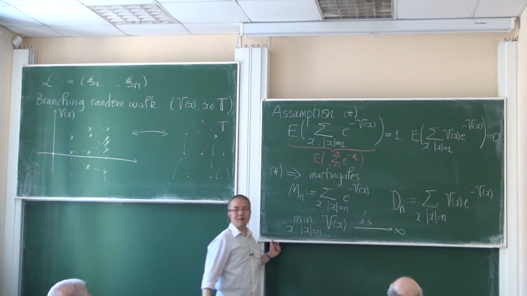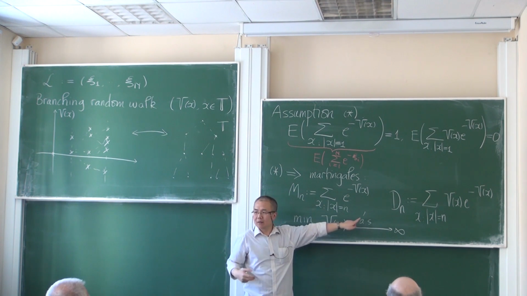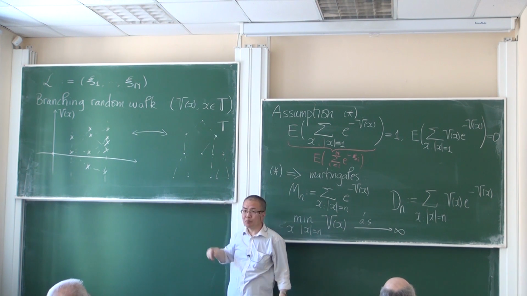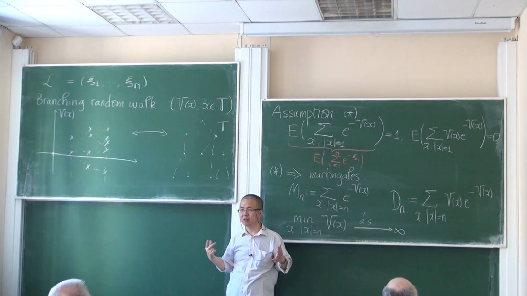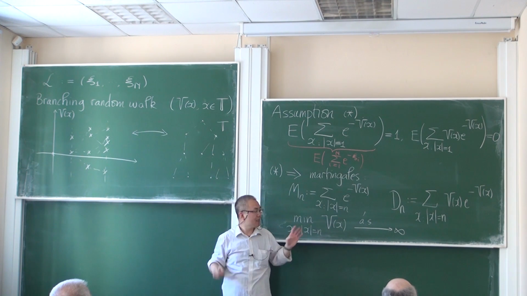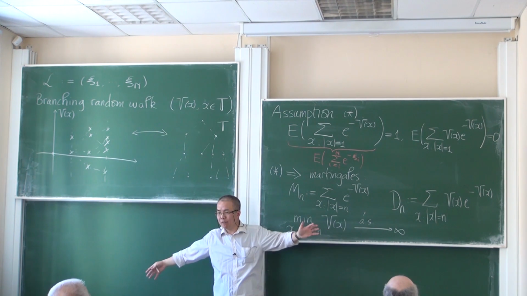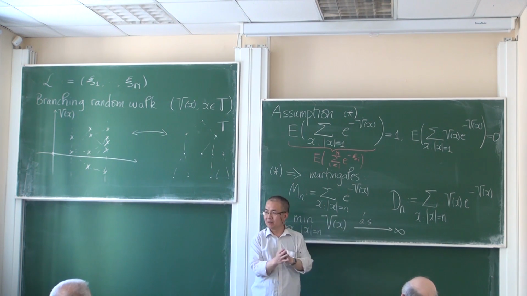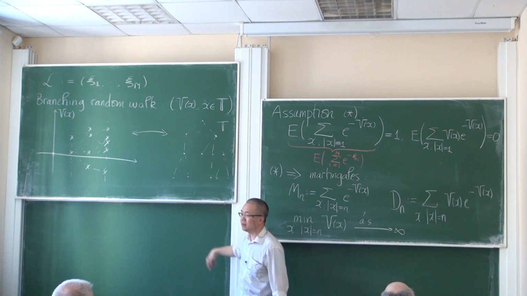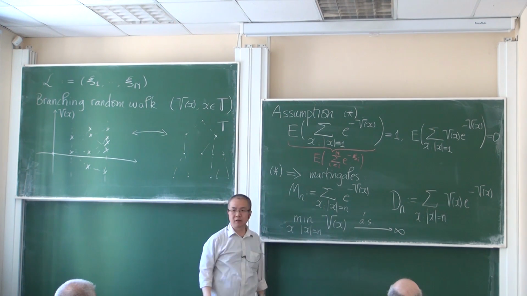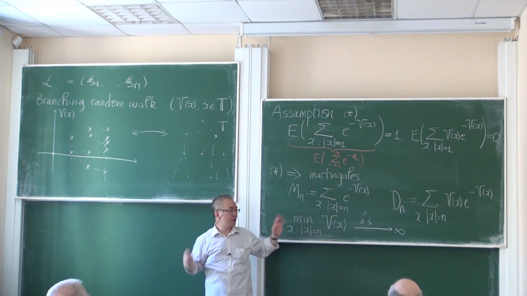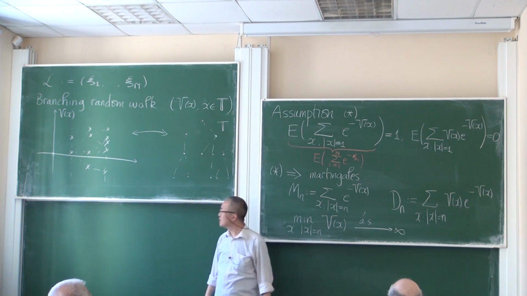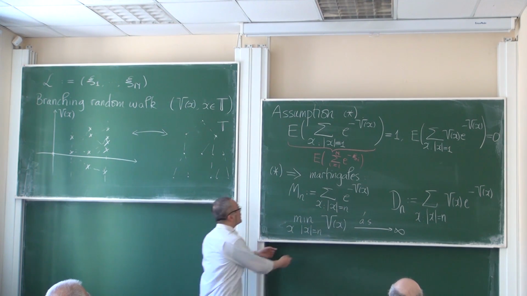Well, we need to be slightly more careful about convergence, because according to our assumption, capital N in principle can be 0 with positive probability. So nothing guarantees that my system will go on forever. So when I say almost surely, it's only on the set where the tree is infinite. If the tree stops somewhere, then I'm not going to have any convergence, because there will be no such term when n is sufficiently big.